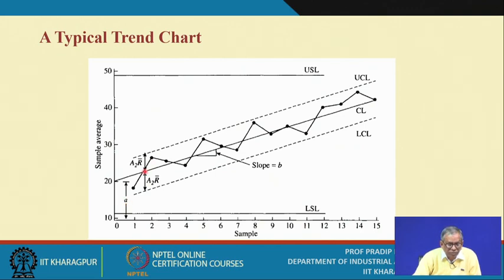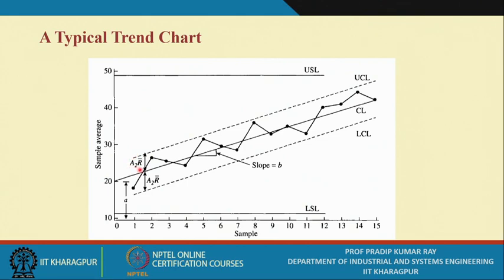Now, in a typical 3 sigma control chart you have the upper control limit and the lower control limit. The upper control limit is placed at plus 3 sigma from the central line, and similarly the lower control limit is placed at minus 3 sigma from the central line.